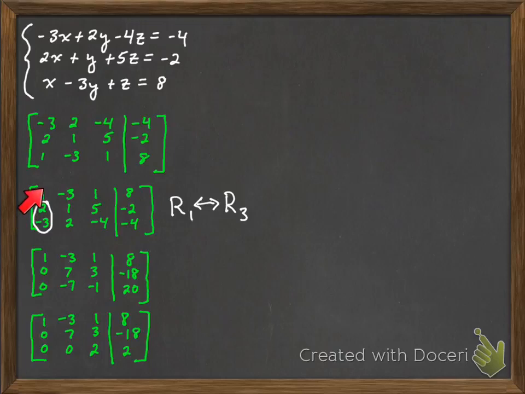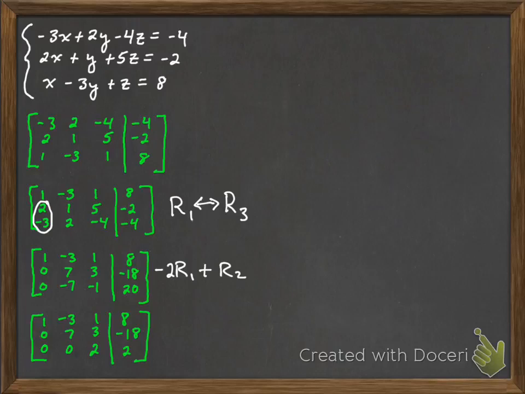What that means is that we need to multiply row 1, because that's a 1 right here. We need to multiply by negative 2 and add that to this row right here. So we're going to take row 1, multiply it by negative 2, and then we're going to add that to row 2.